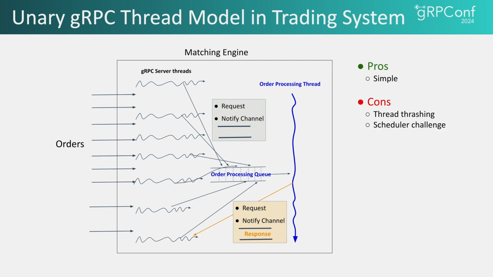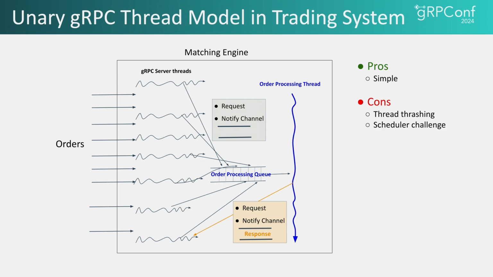In this model, when an order request arrives, a server-side Go routine is spawned to handle the request by adding a notify callback channel to the request and then passing the combined struct to the order processing queue.